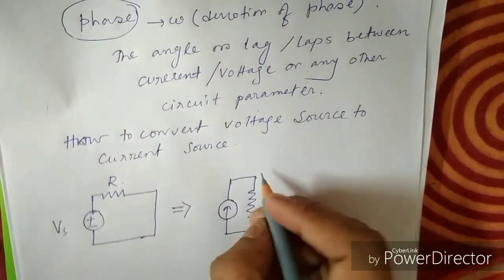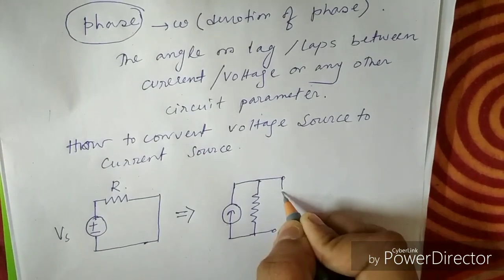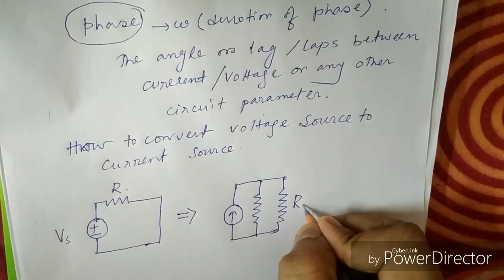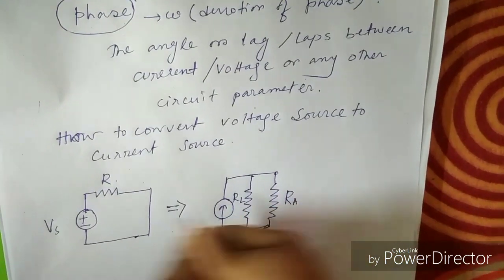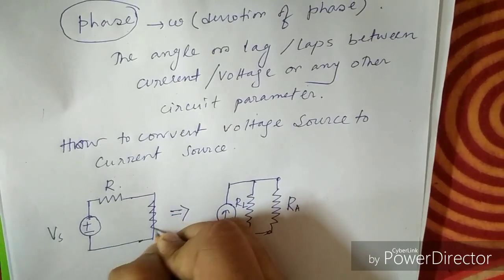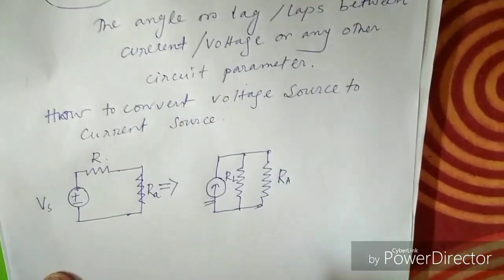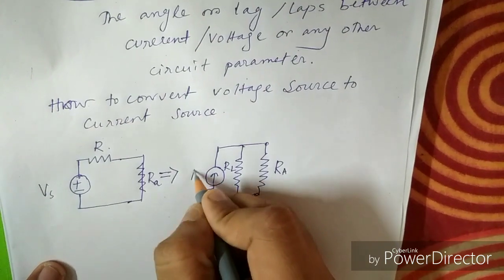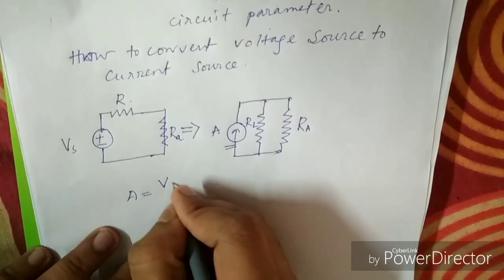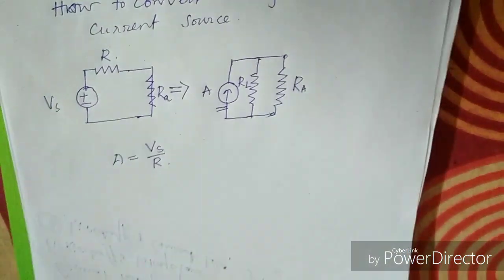So this is a parallel circuit, and this is the current source. Now what is the value of the current source? The value of the current source is Vs by R.